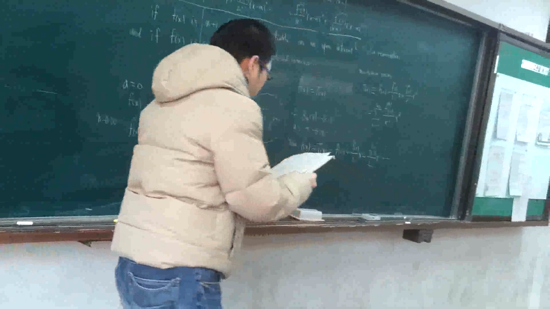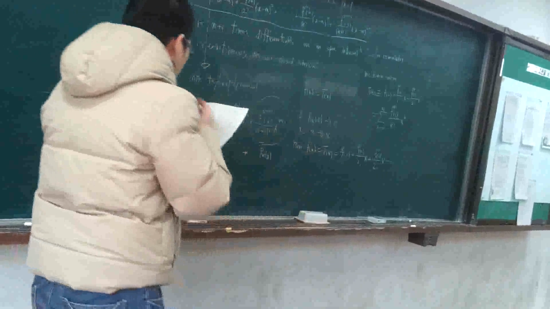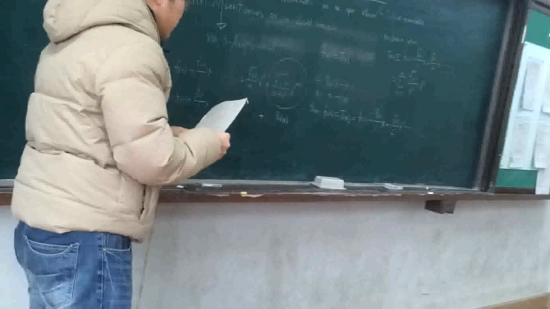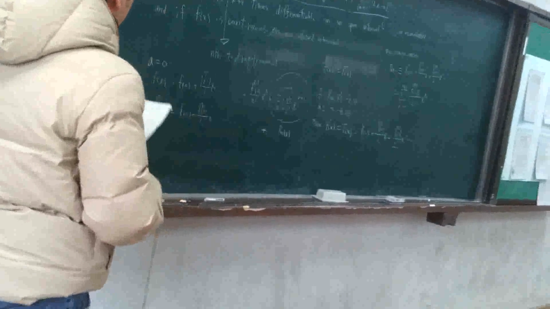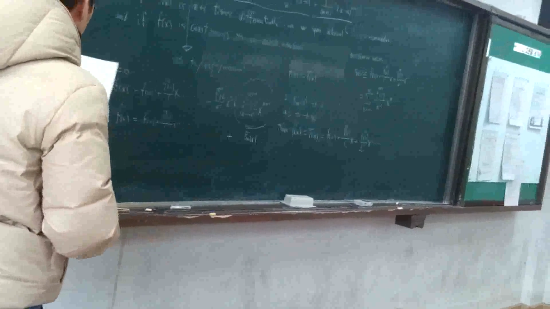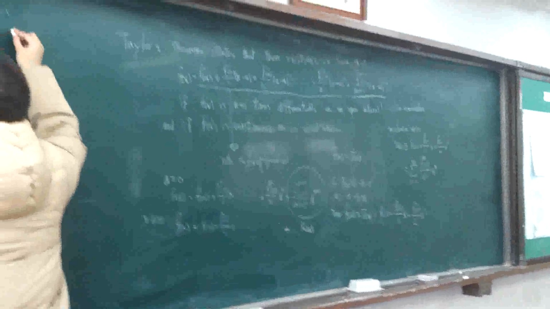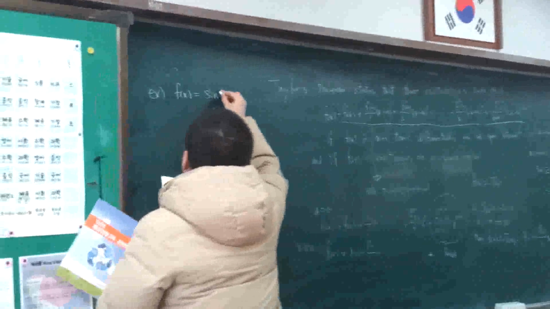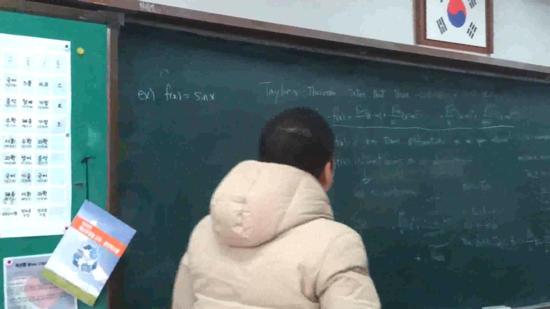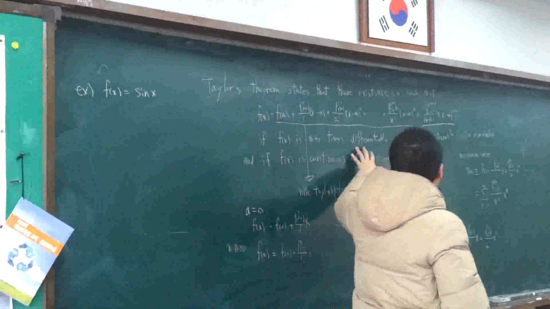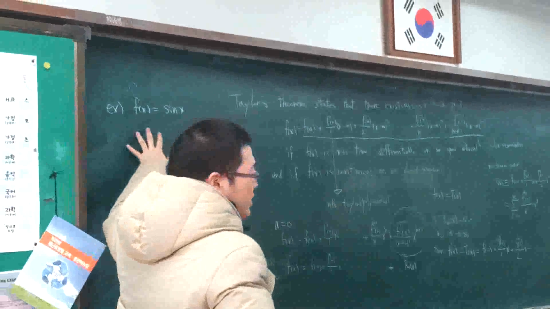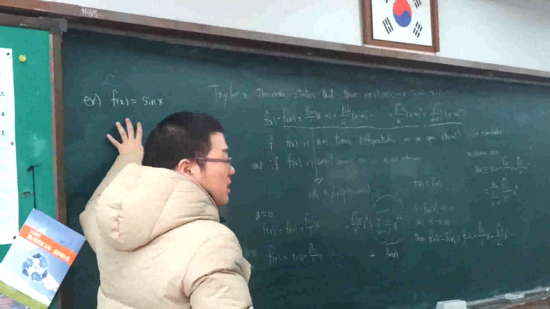Then I will give you some examples of the Maclaurin series. The Maclaurin series is widely used in physics and mathematics, so it's a very important series. Let's consider the sine function. So f(x) equals sine x. We must check if it's differentiable and continuous. Is sine x differentiable?